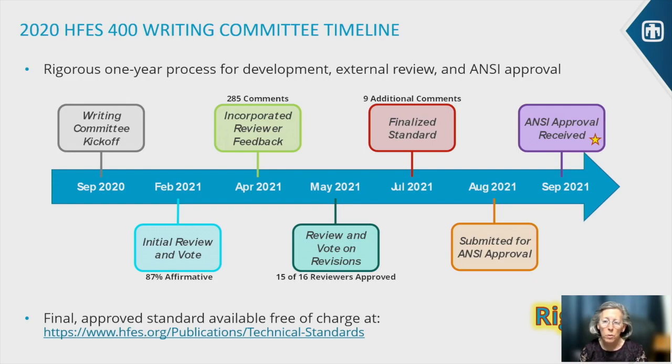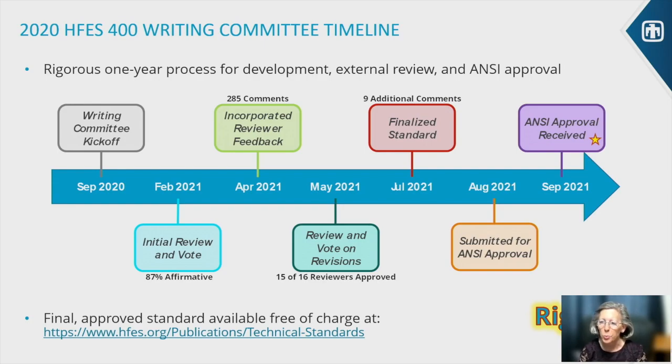And so that was both consensus committee members and our public reviewers. From the consensus committee, we had an 87% affirmative vote, which we only needed a majority to go forward. But we did receive 285 comments. So we had to incorporate all of that into the standard, or address it in some way.